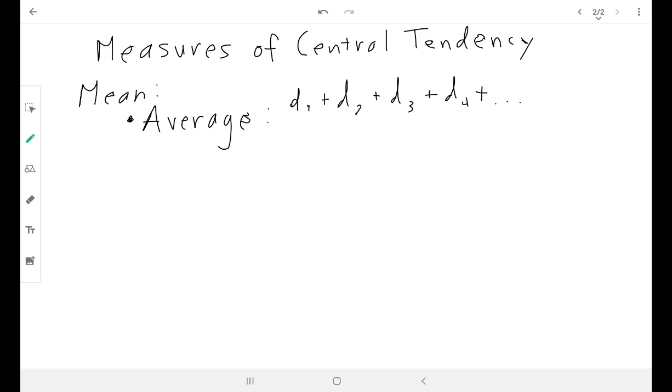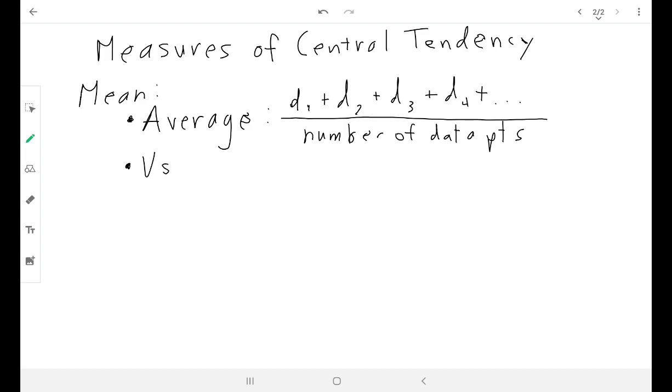We add up all the data and divide by the number of data points. And most of you learned this at some other point, but just in case, I'm going to write it down. We are going to use this. We got to know when to use these. That's going to really be our main focus here.